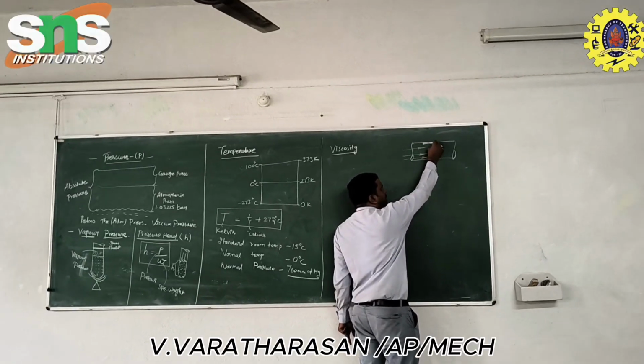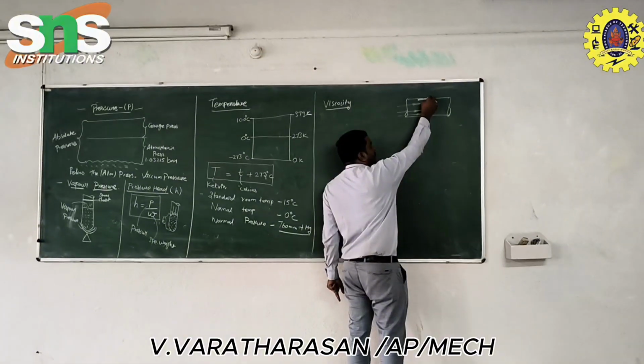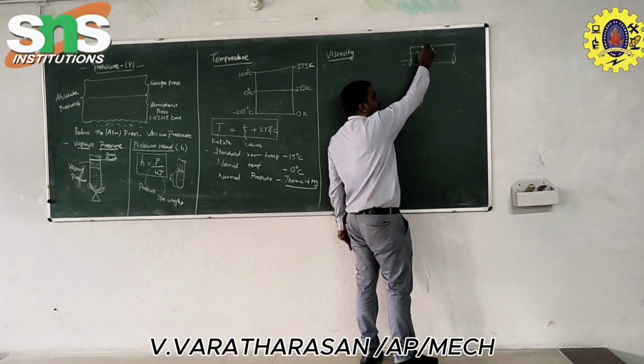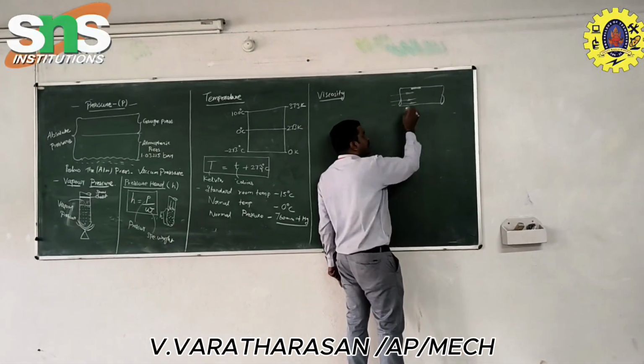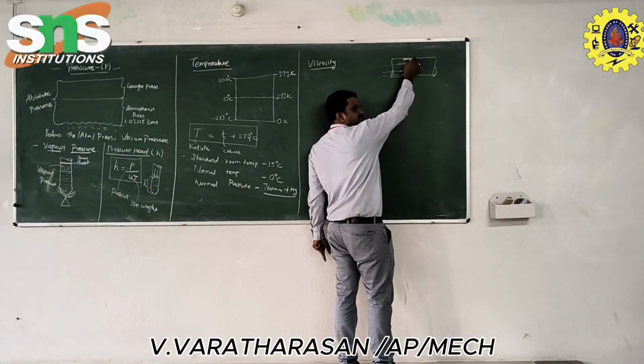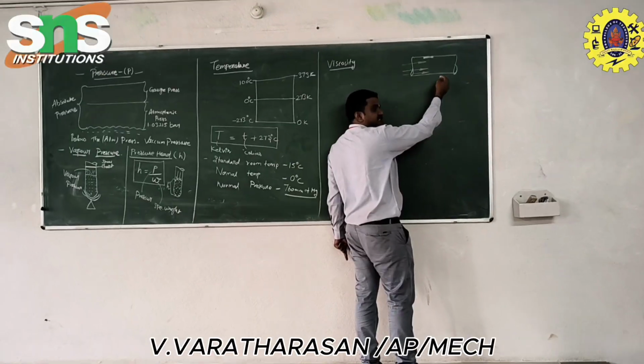In this flow direction, there can be a profile. It can vary from the top surface to the medium and lower surface. The profile can be generated like that, from the surface stress, the shear stress.